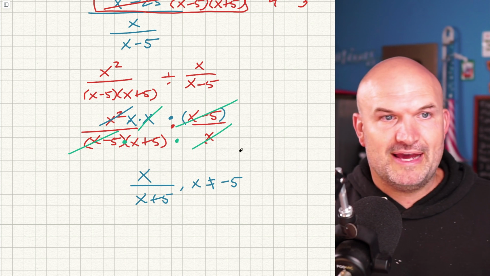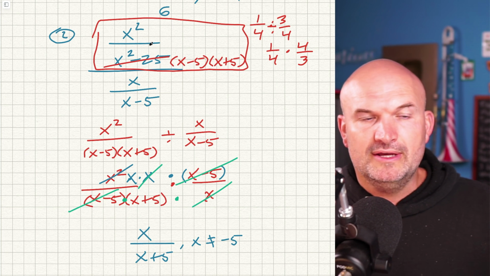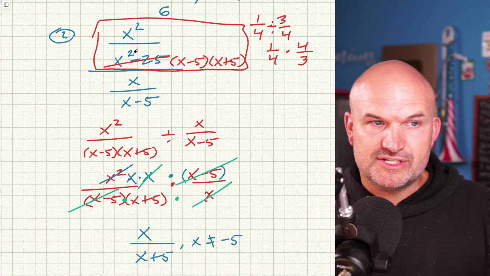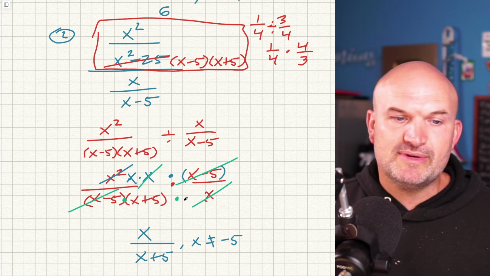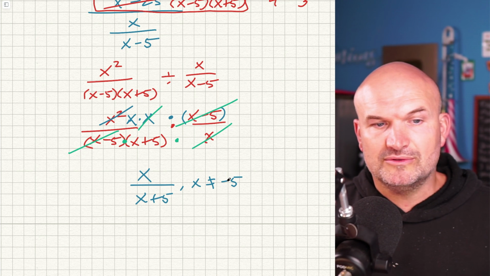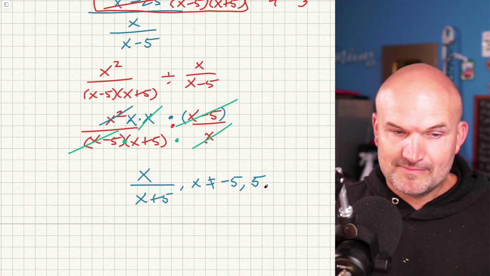Don't take the bait, okay? We also have to look at our restrictions from our original equation. And if you look, not only does 5 make this denominator equal to 0, but also negative 5. So that is also going to be a restricted value. So not only is this a simplified result, but x cannot equal negative 5, as well as x cannot equal a positive 5, okay? So it's very, very important.